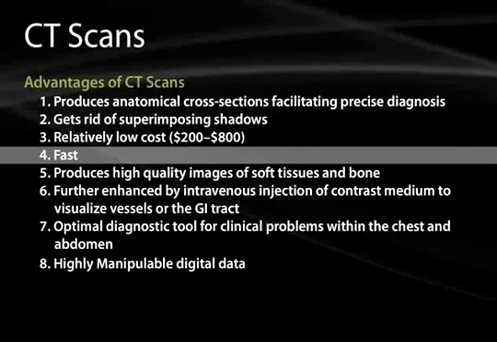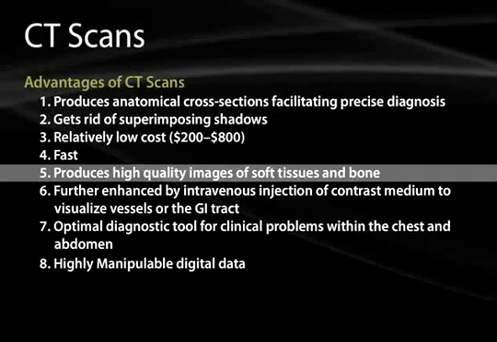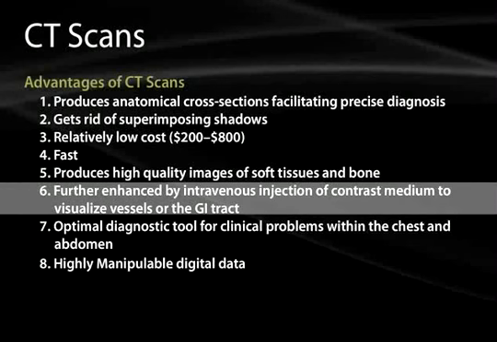And it's quite fast because of its relative cheap technology compared to some of the newer technologies. It produces high quality images of both soft tissue and bone, and it's further enhanced by things like contrast media to visualize vessels or even the GI tract.